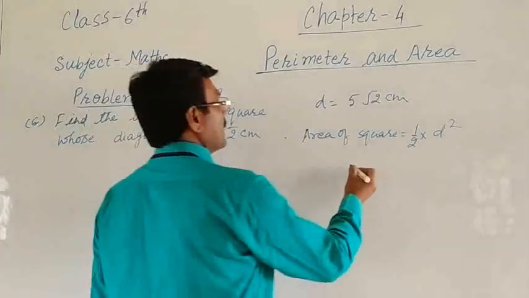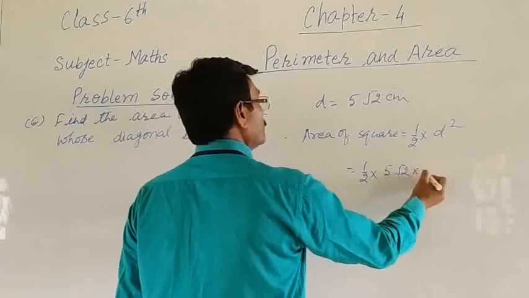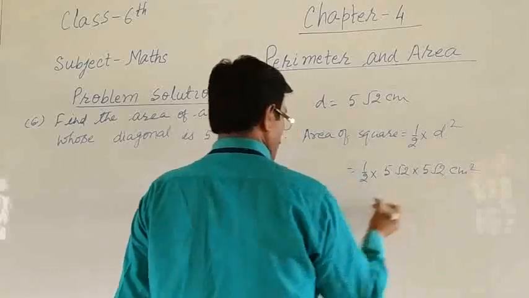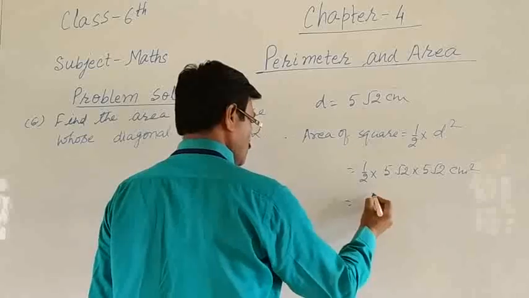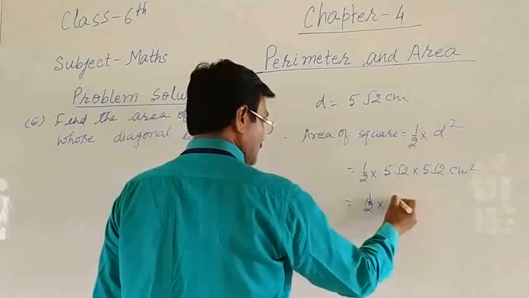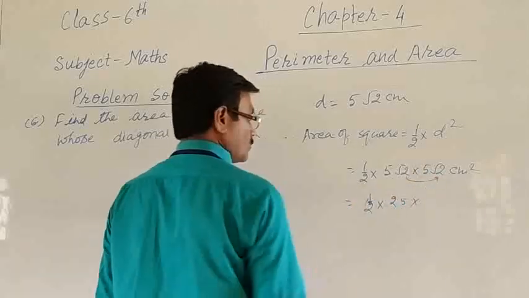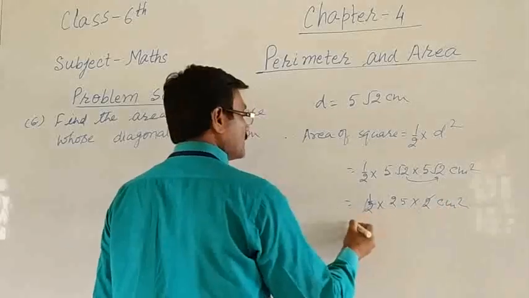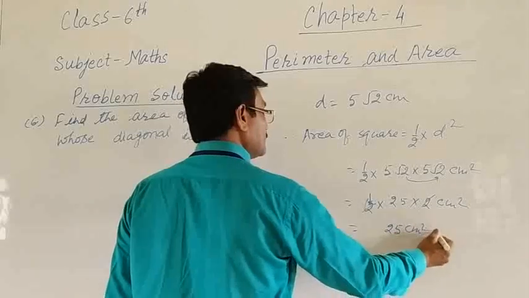So we write 1/2 into 5√2 into 5√2 cm square. Then we write 1/2 into 5 into 5, 25 and √2 and √2 will be 2 cm square. 2 and 2 cut, it will be 25 centimeter square.